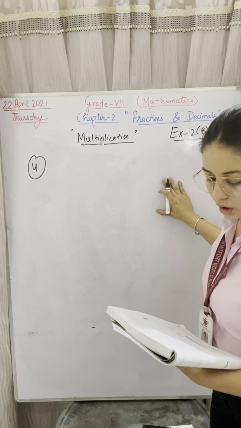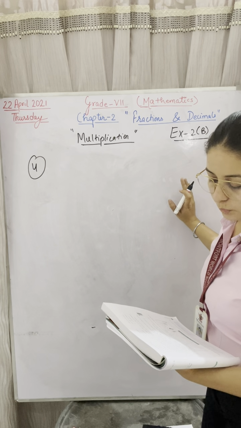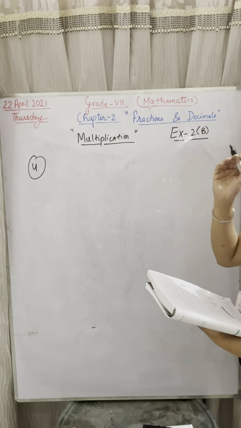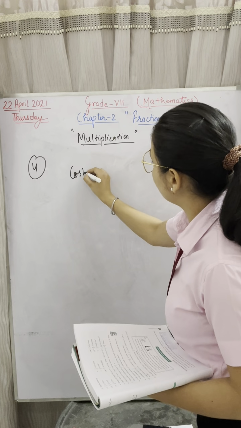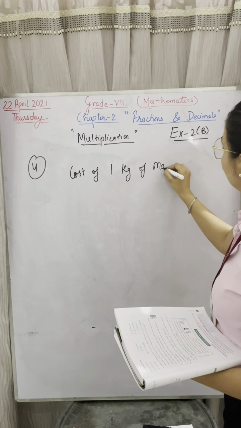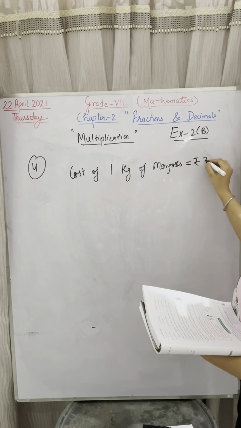Fourth question is, mangoes are being sold at rupees 38 3/4 per kg. What is the cost of 3 1/5 kg of mangoes?